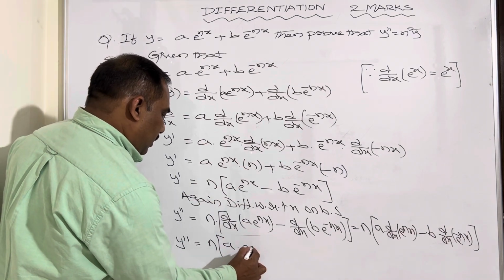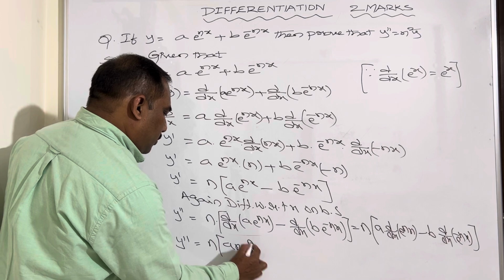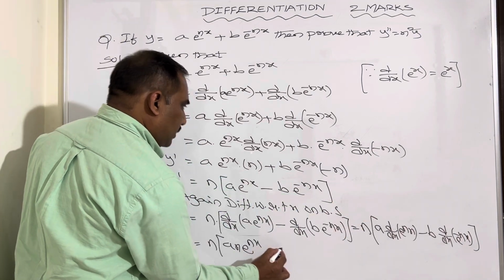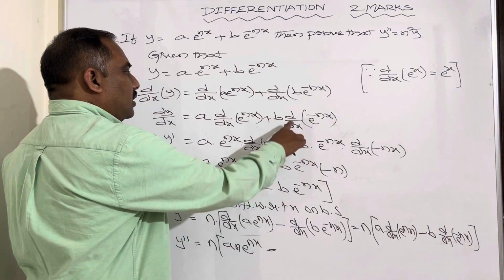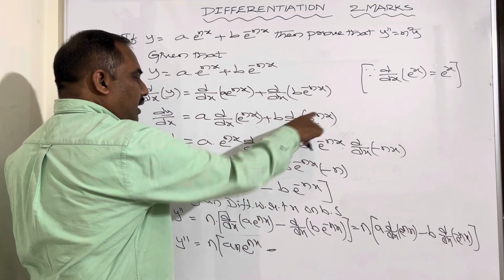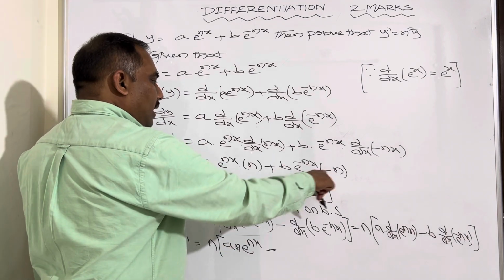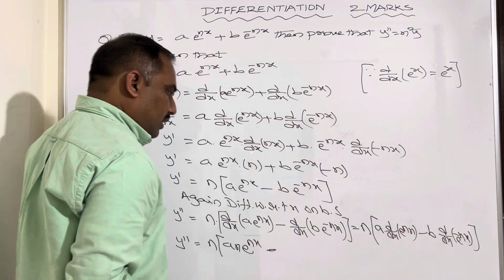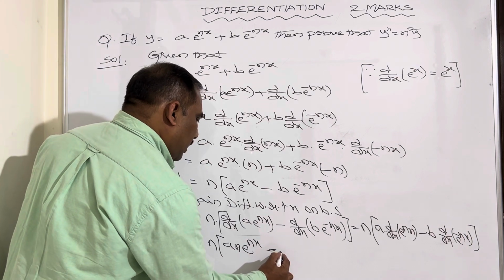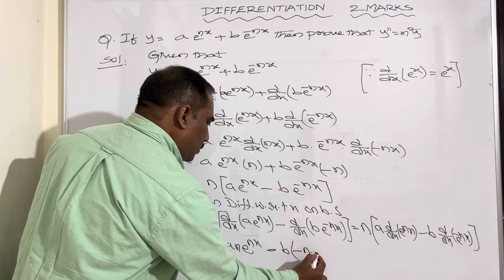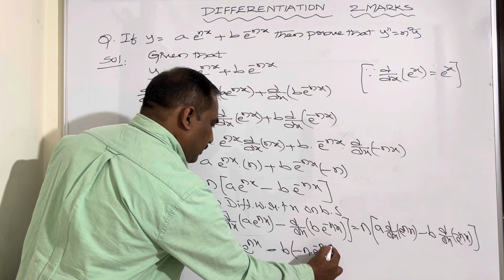I am directly writing n into e to the power of nx, and similarly minus, d by dx of e power minus nx gives minus n into e to the power of minus nx. So here it is minus b into minus n into e to the power of minus nx.